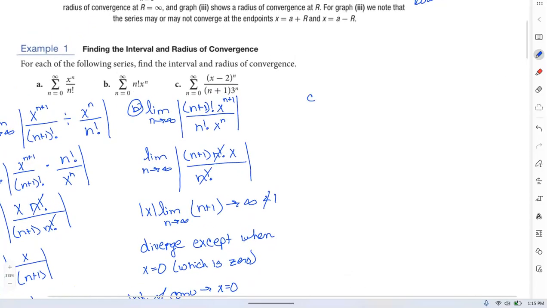So then let's look at C. We're looking at the sum from n equals 0 to infinity of x minus 2 raised to the nth over n plus 1 times 3 to the n. So we're going to use that ratio test again, taking the limit as n goes to infinity, absolute value. We're going to plug in n plus 1 for all the n's.